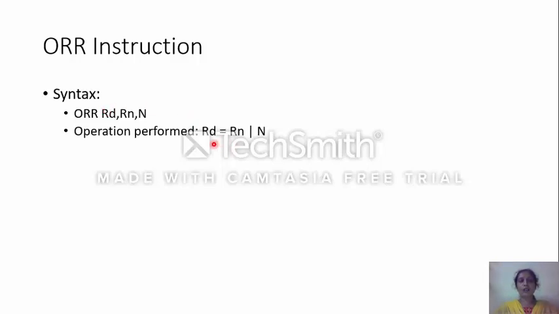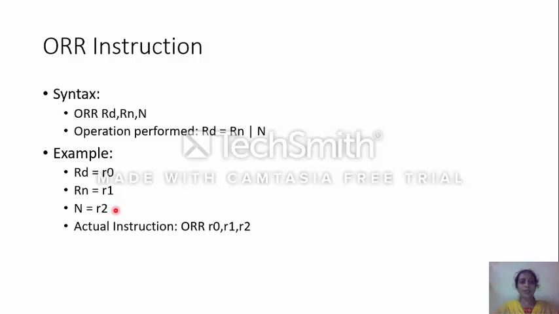The operation performed is RD equals RN OR N. For example, RD is taken as R0, RN is taken as R1 and N is R2 here. You can take N as an immediate number, or a register shifted or rotated by some number. You can have anything as N there. So the actual instruction form will be ORR R0, R1, R2.